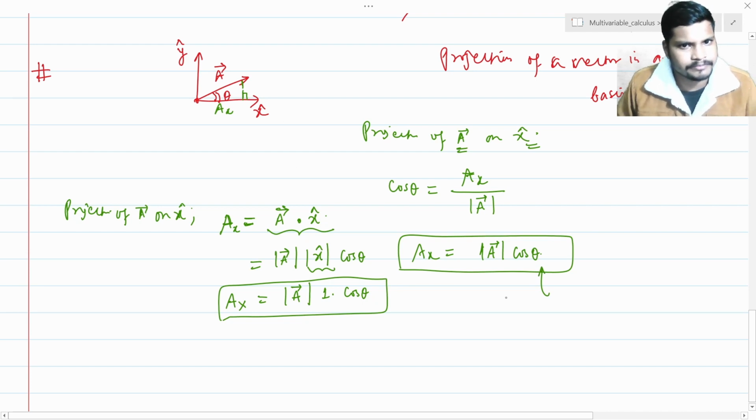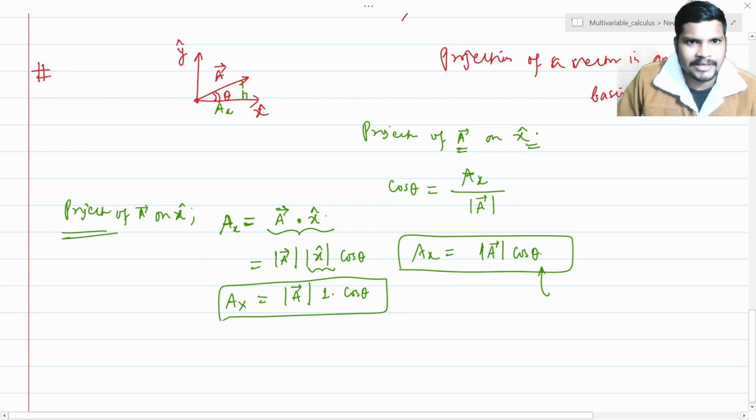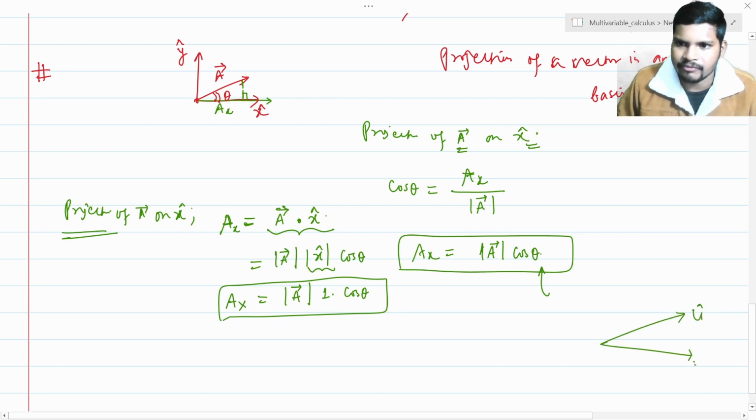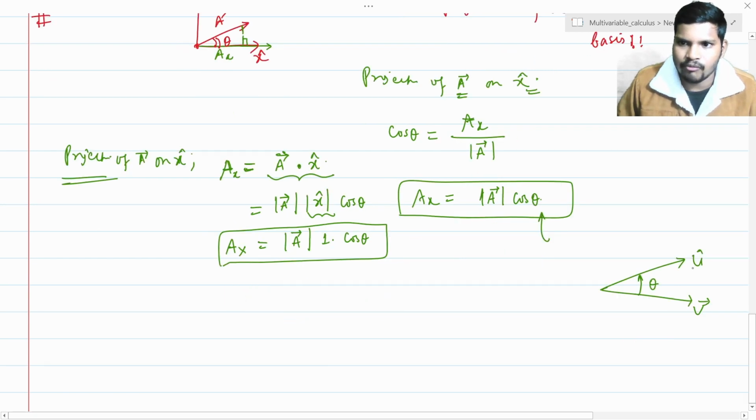So you can find the projection of anything on any vector. When we are talking about projection, it means that it is making an angle theta with respect to that one. Consider that you have u and there is some other vector v, making an angle theta. What would be the projection of u onto v?